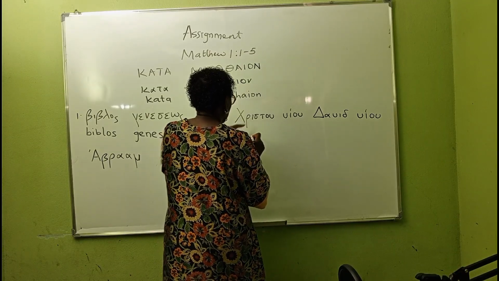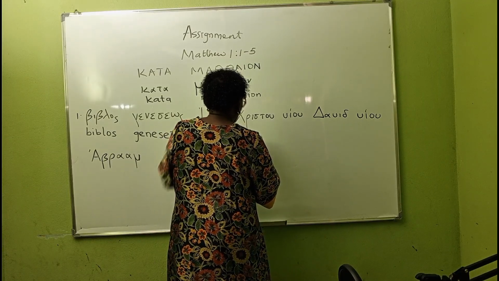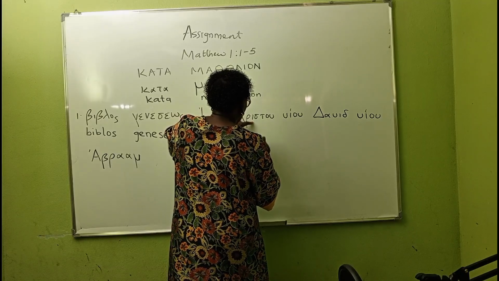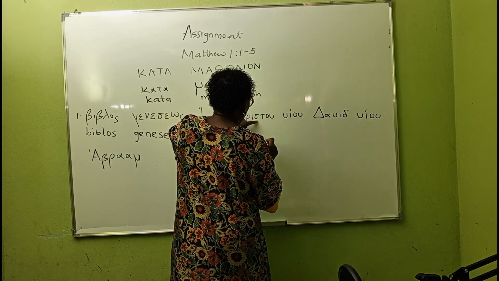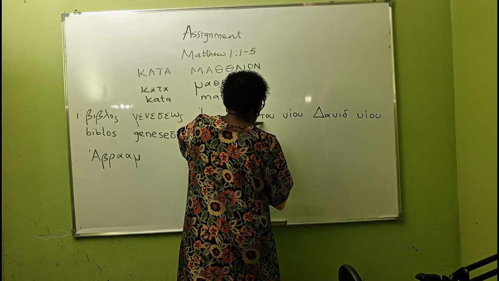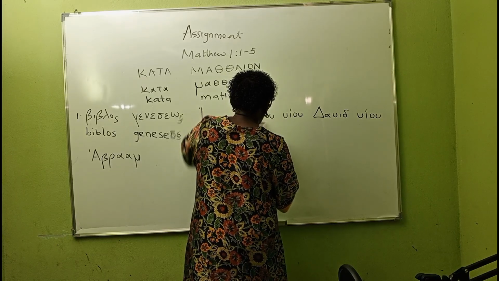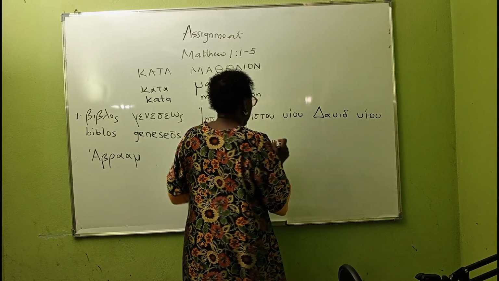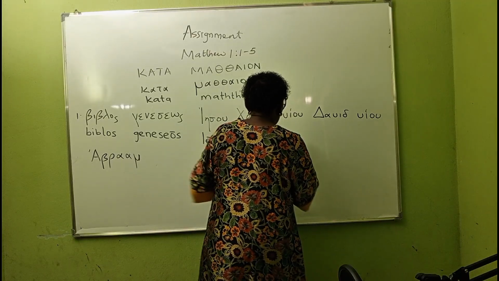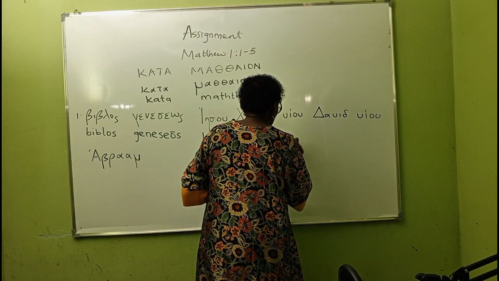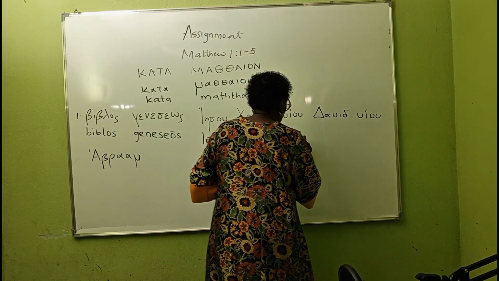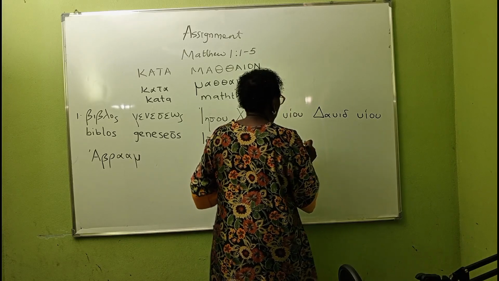So we represent it this way. This is rho. This is iota. This is sigma. This is tau. This is omicron. And this is upsilon. This is upsilon and iota. This is omicron.